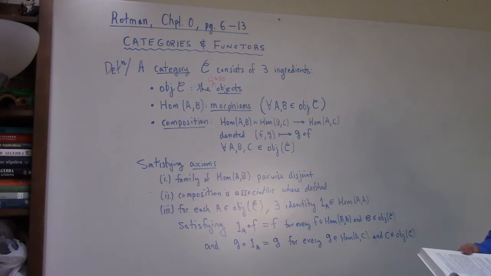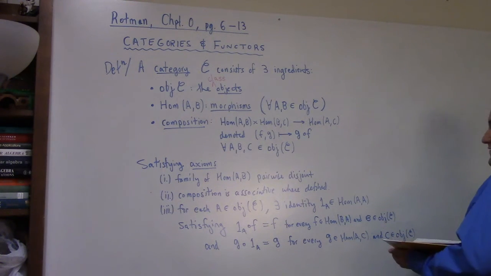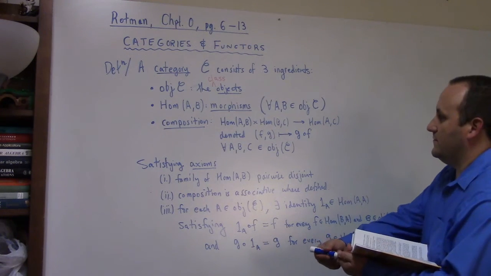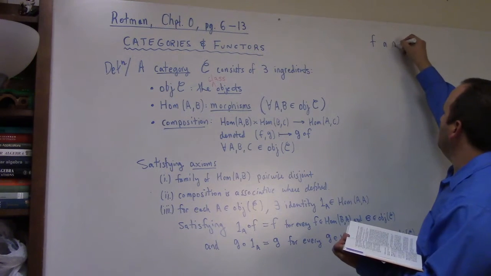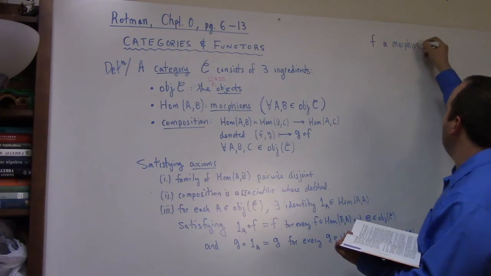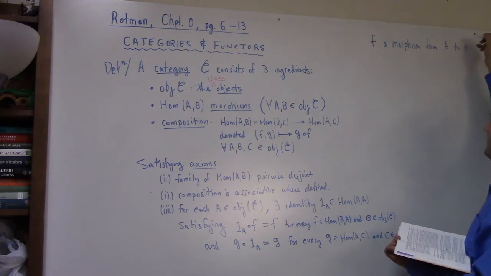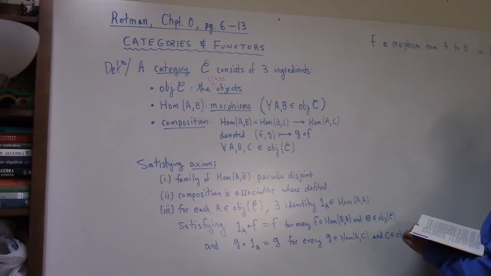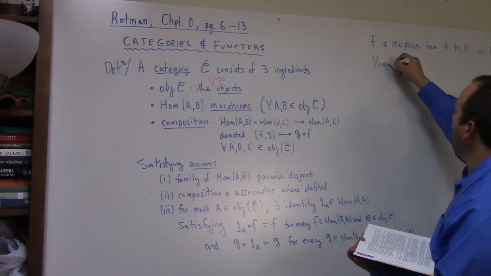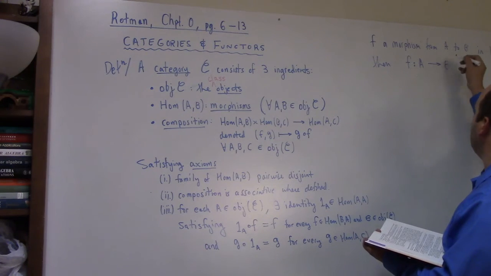So what you were just saying basically is that this. So he says, if something's a morphism, you can write it. It's like if F is a morphism from A to B. In other words, if it's in this, right? Then we say F is a mapping from A to B, like that.